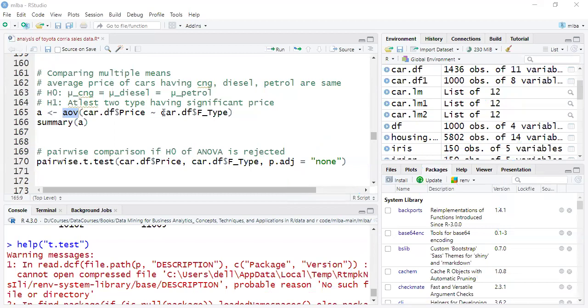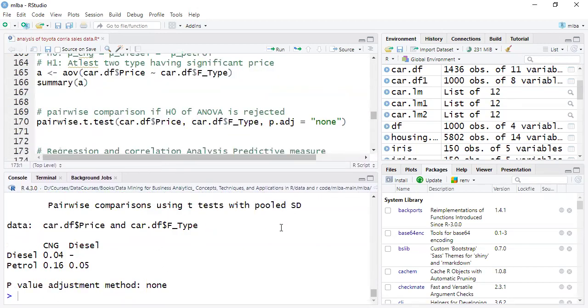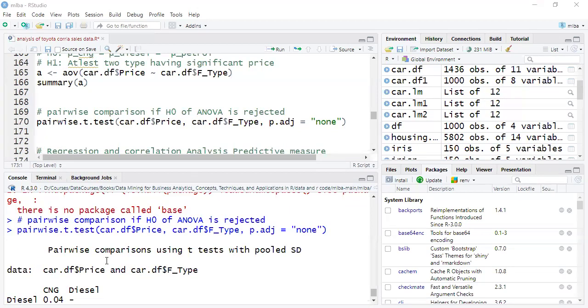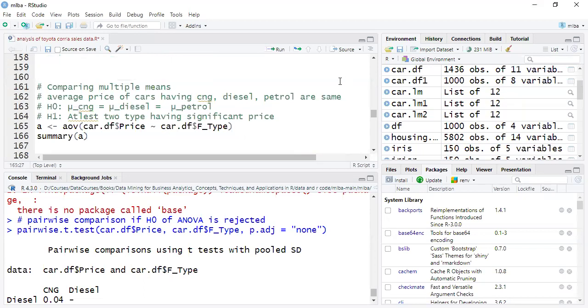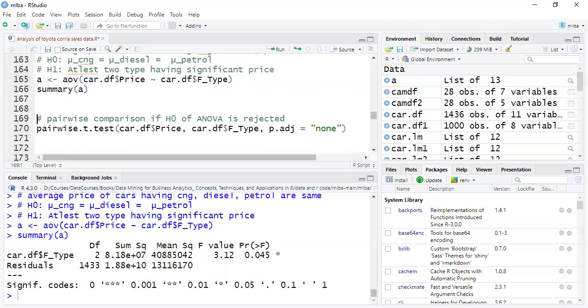I'm executing the command, the run command. You can see the output of ANOVA. This is the output of ANOVA. In the ANOVA output, no, by error I executed the pairwise t-test command. The ANOVA command is this. And these are the summary statistics of ANOVA.